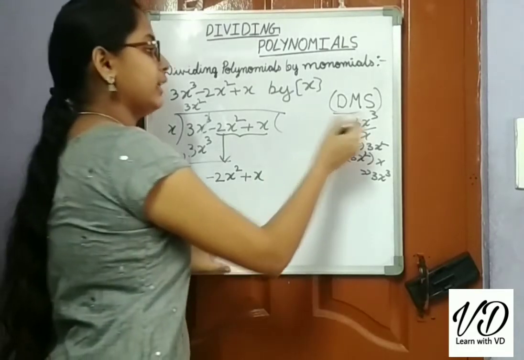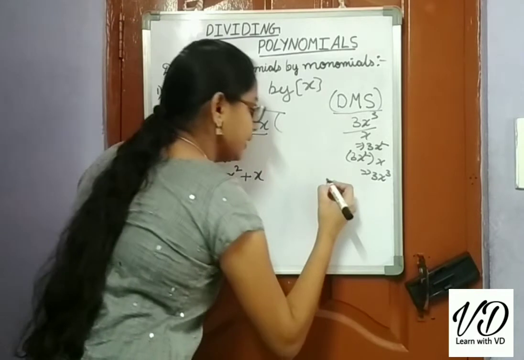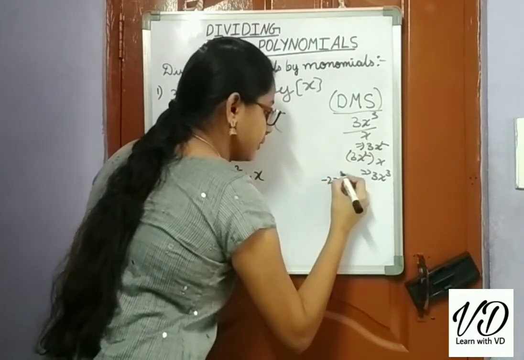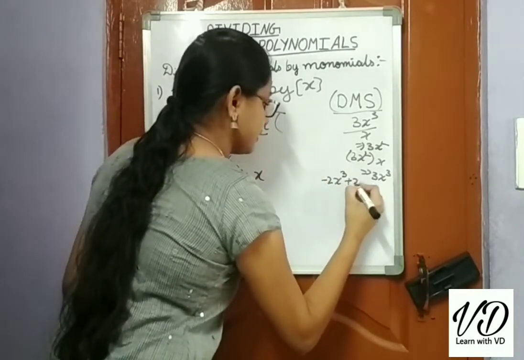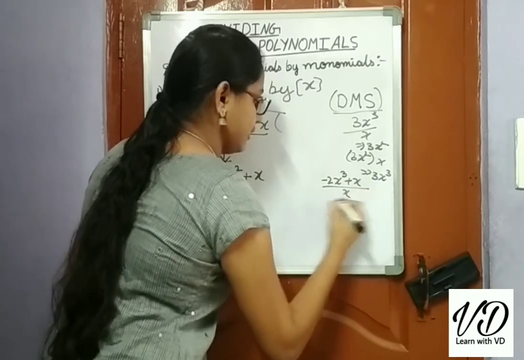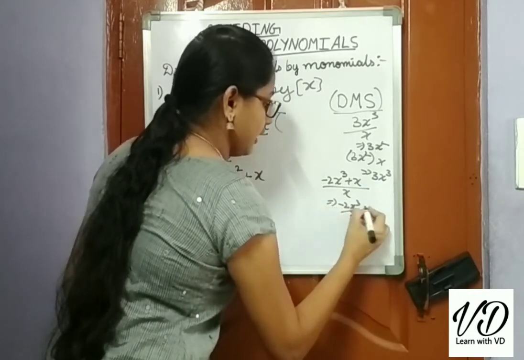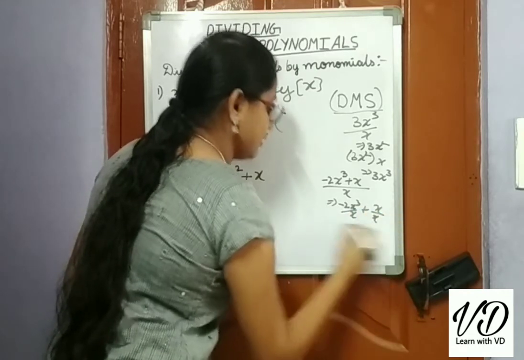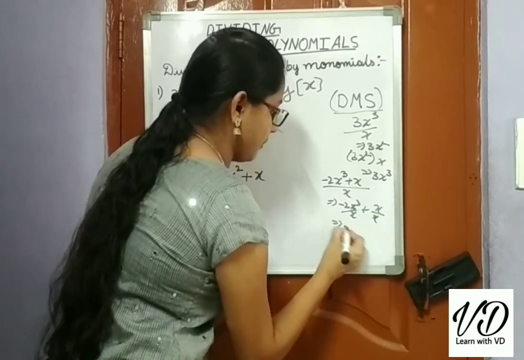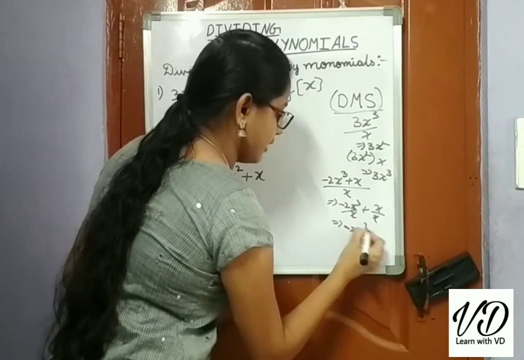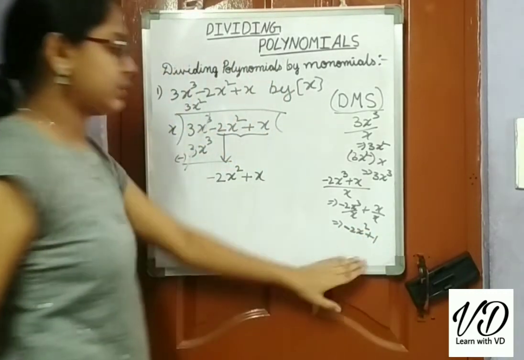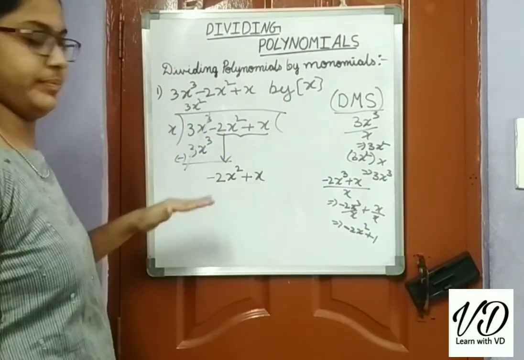We follow DMS again. That will be dividing minus 2x square plus x by x. Then we get minus 2x square by x and x by x. That means we will get minus 2x plus 1. This will be the next term.